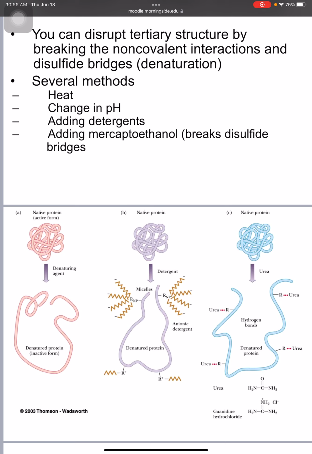Doing something like adding mercaptoethanol, where you're literally breaking a covalent bond, is a lot harder to reverse. So in a case like that, it might be an irreversible process. A lot of it depends on specific examples and which types of interactions you're breaking and how you're doing it.